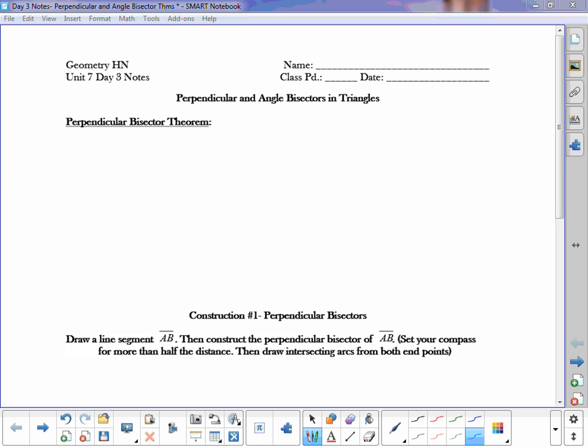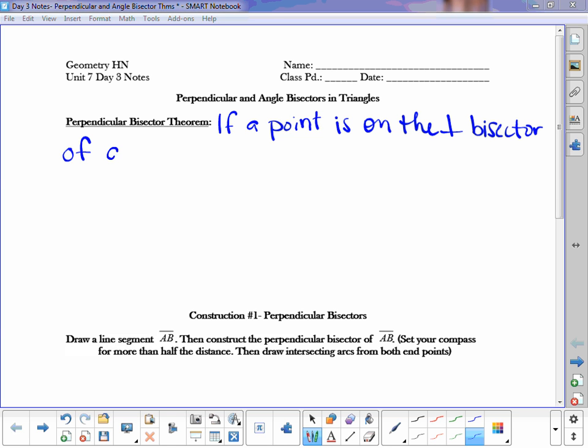Alright, so perpendicular bisector theorem. If a point is on the perpendicular bisector of a segment, then it is equidistant.